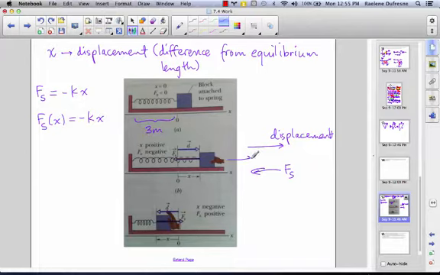Meanwhile, the hand force, or whatever is causing the stretching, is in the same direction as the displacement. So while the spring force is negative kx, the hand force is going to be positive kx.